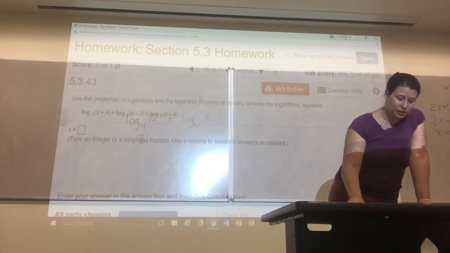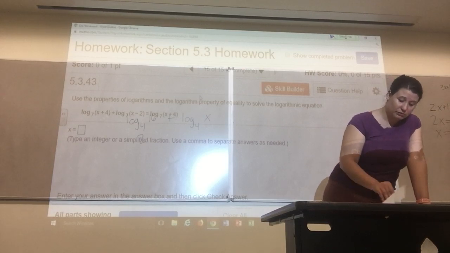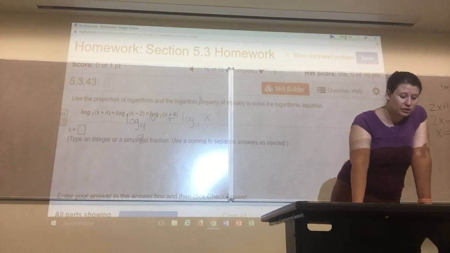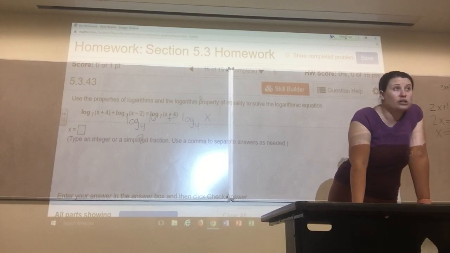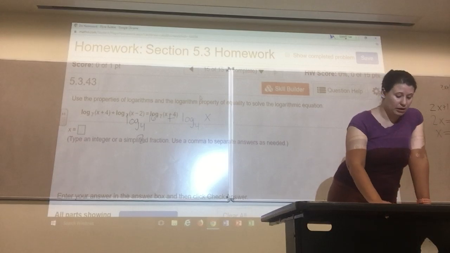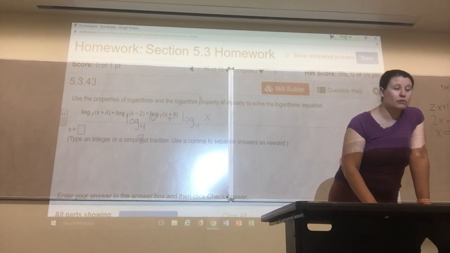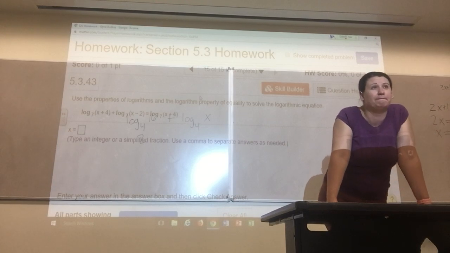Okay. 5.1 was exponential functions, the exponent rules, the graph, remembering its domain and range, and it has a horizontal asymptote, and then the logarithms, and so on, and everything that we just talked about today.